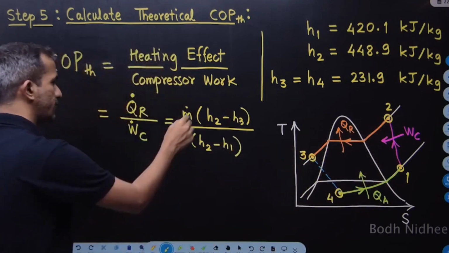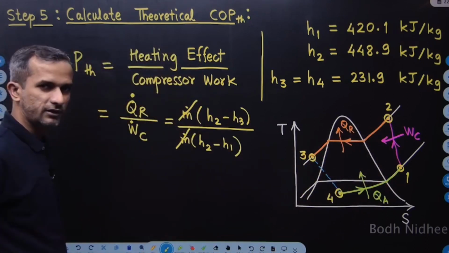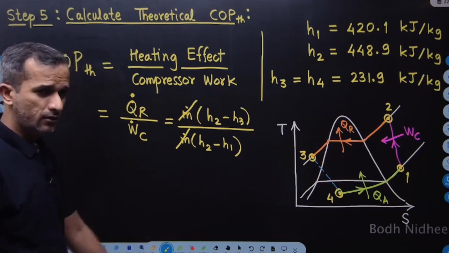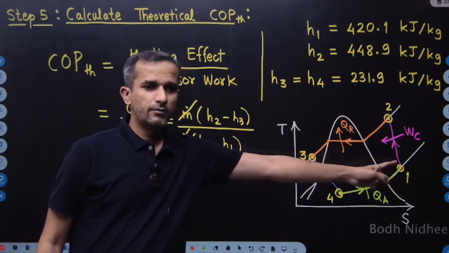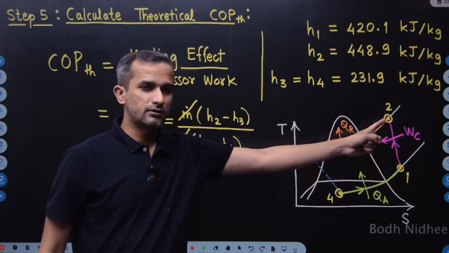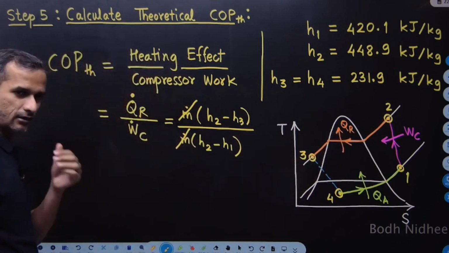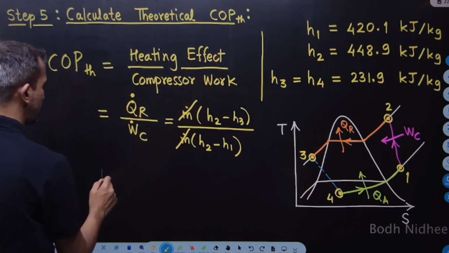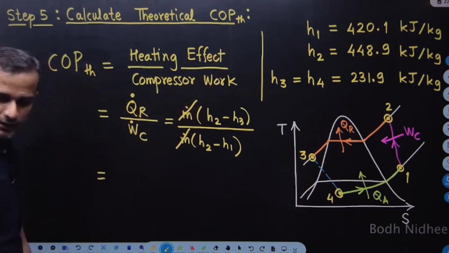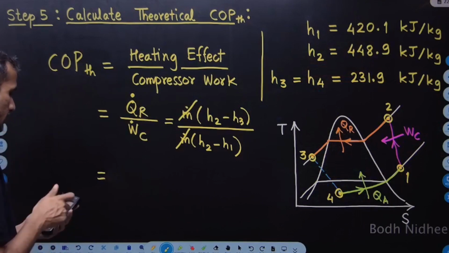The same mass flow rate of the refrigerant is passing through the compressor and the condenser. With whatever mass flow rate the refrigerant is passing through the compressor, the same mass flow rate is maintained in the condenser as well. So the mass flow rate gets cancelled. We have all these values. If you put all these values, you will get the answer as 7.54.